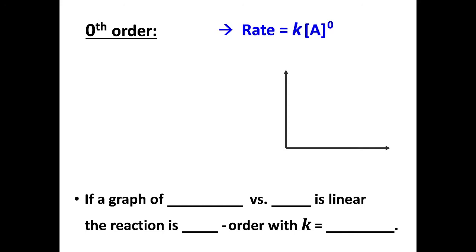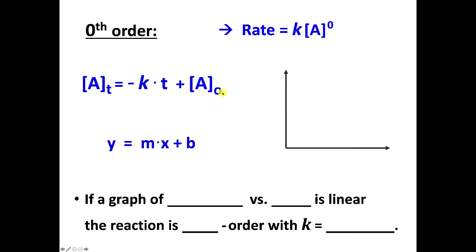If it's 0th order, the rate equals k times A to the 0 power. The time versus concentration relationship for 0th order, only for 0th order, is concentration at time t equals negative k times the time plus the concentration initial.